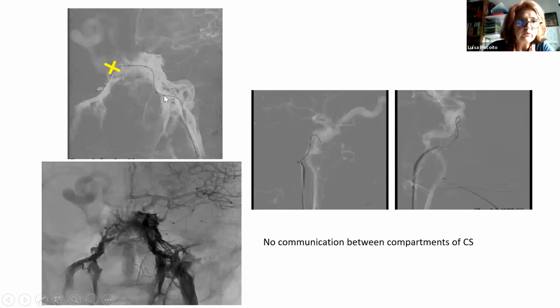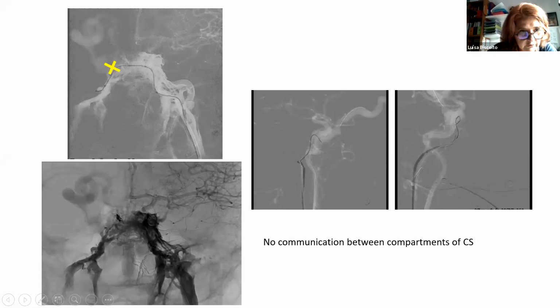We really tried to reach this point of the fistula from the right side, because we did an injection on the carotid and on the venous side at the same time. We saw that the carotid drained preferentially to the ophthalmic vein, but when we injected by the venous side, we saw that she had a patent IPS. We tried from the right and from the left, and we could not pass to the septated compartment of the fistula.